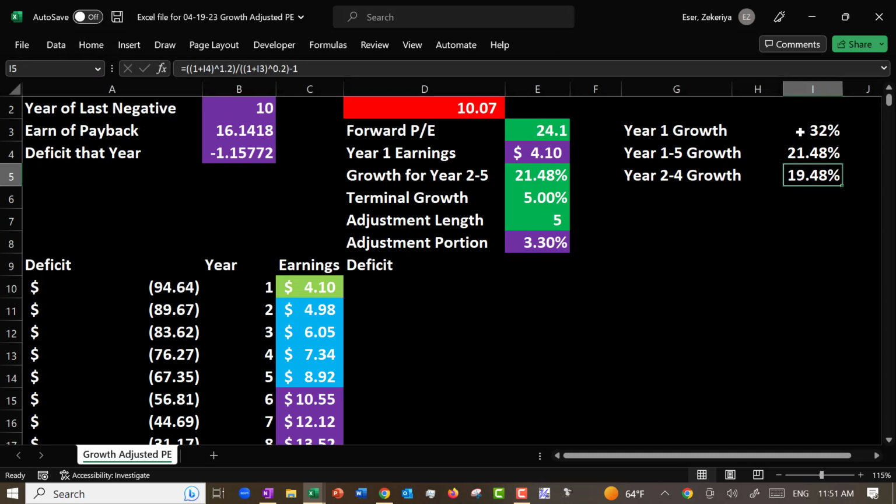So the year one growth number is already in the forward PE. I'm going to actually get that number from there, right?